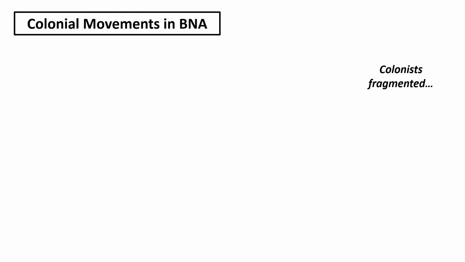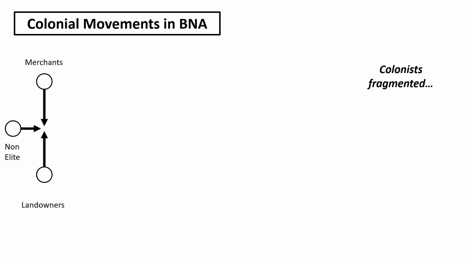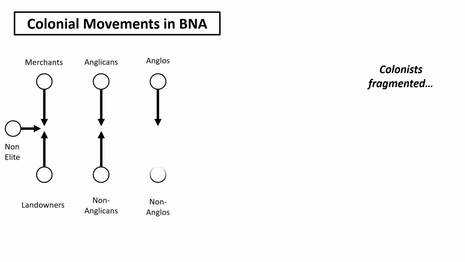Even when we consider the white, male, Protestant cohort that dominated colonial politics, there were class and economic divisions between merchants and landowners, and between them and the urban workers and tenant farmers. There were religious differences between Anglicans and non-Anglicans, and cultural ones between British, Gaelic, and continental European ethnicities.